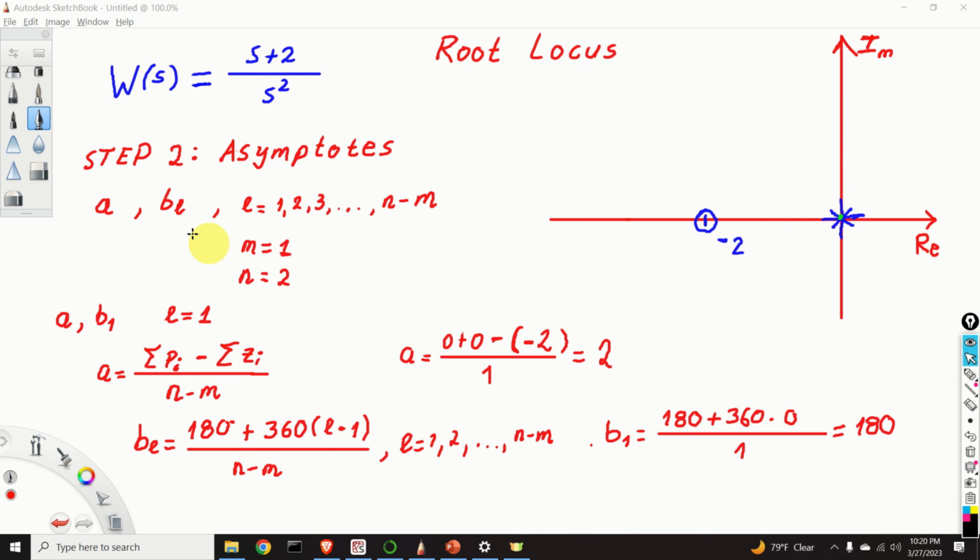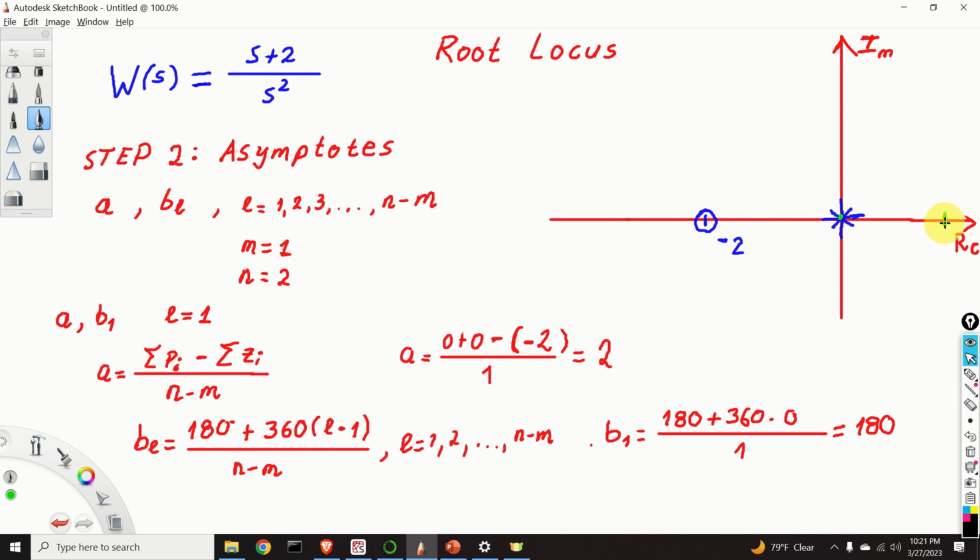Let us graphically represent that asymptote. I will just for a moment erase this part. Then I will expand my x-axis, or real axis, better to say, until here, and this is real now. The asymptote is centered over here. To better illustrate this asymptote, let's change the color. It's over here.